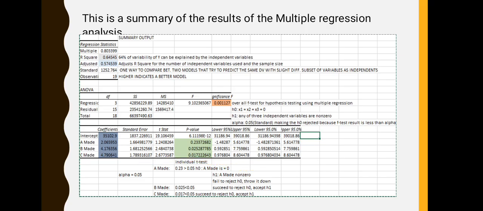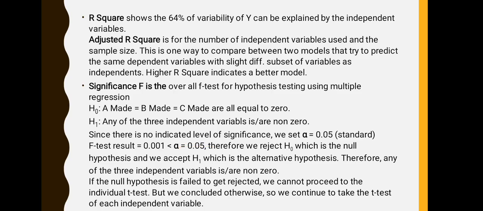The null hypothesis tells us that A made equals B made equals C made, all equal to zero, meaning there is no such thing as A made, B made, or C made being created, since it is a null hypothesis. The alternative is that any of the three independent variables is or are non-zero, meaning A made or B made or C made is not equal to zero.